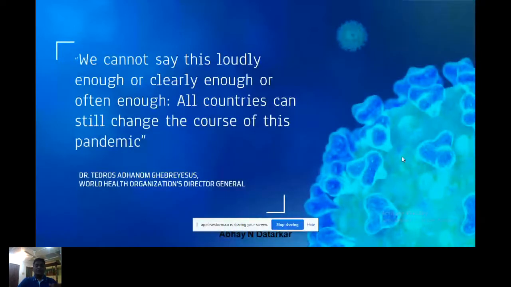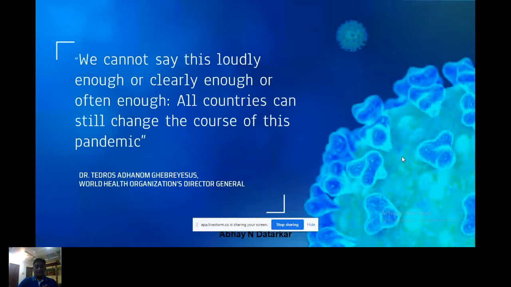But this COVID-19 coronavirus broke out only about 6 months back in China in December 2019, so there is not much literature or many studies on how to manage it, what medications to use, or whether any vaccine is available. That is what he is pointing out to every country, and it depends on those countries how we can change the course of this pandemic.